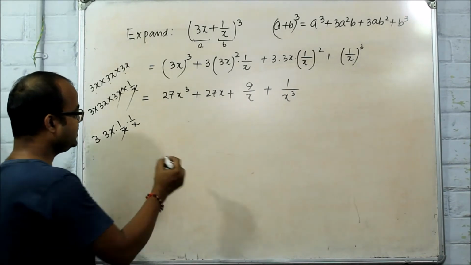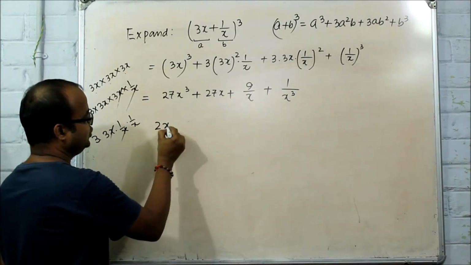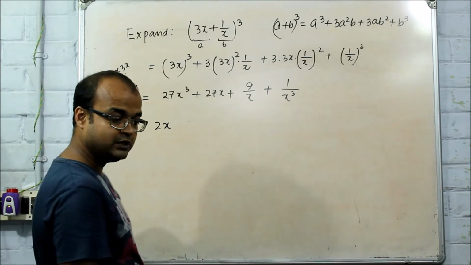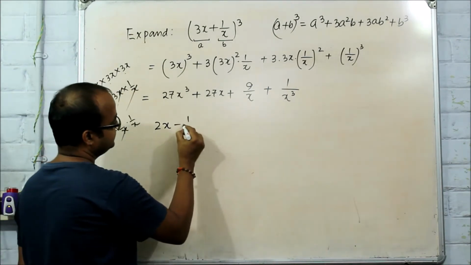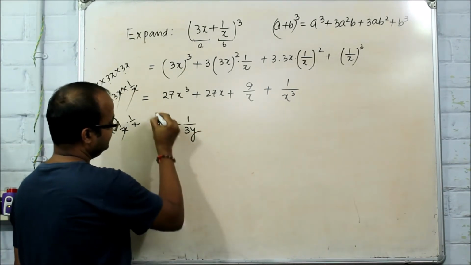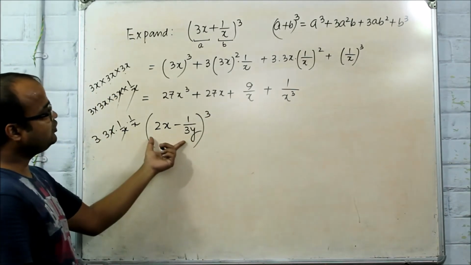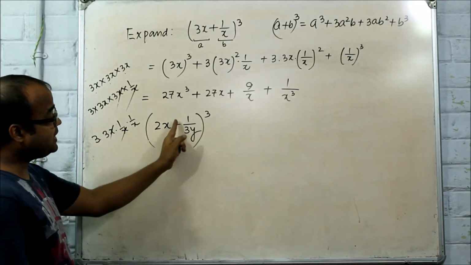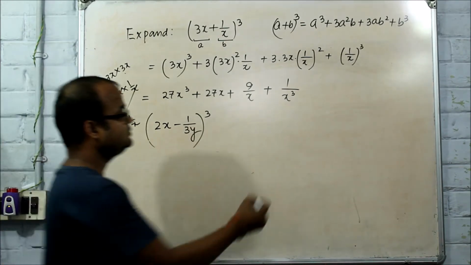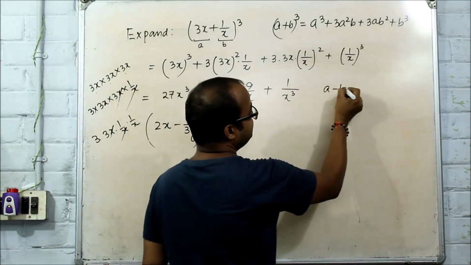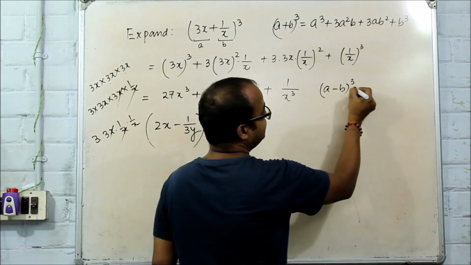Now, if you consider another sum like 2x minus 1 by 3y to the power 3, here we are going to apply the a minus b cube formula.